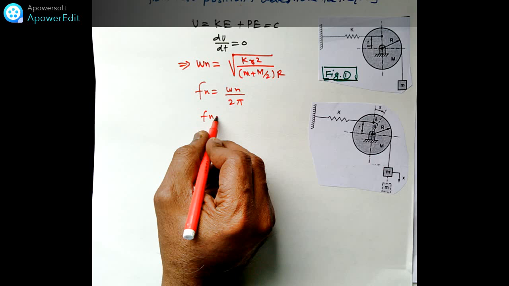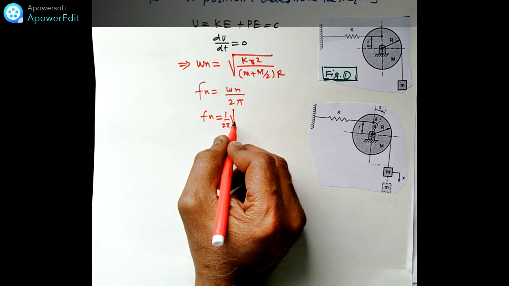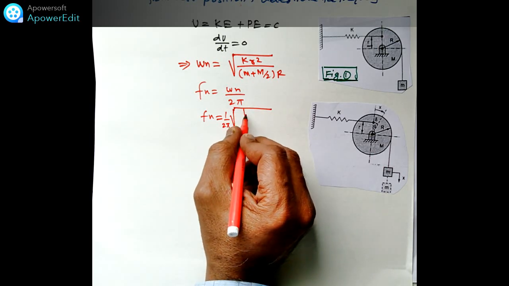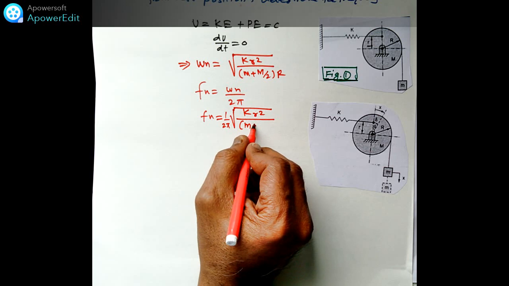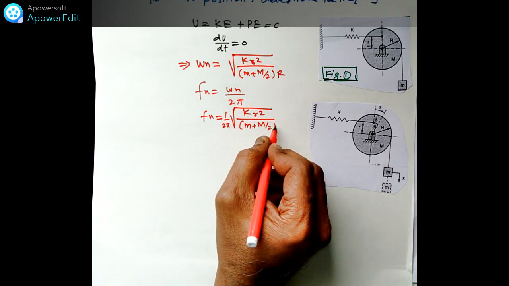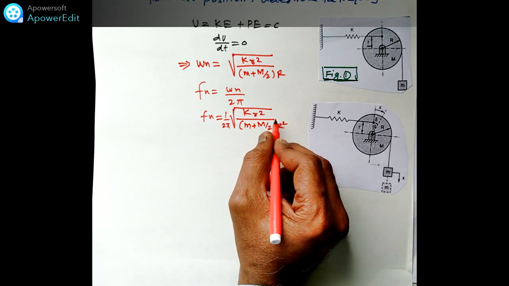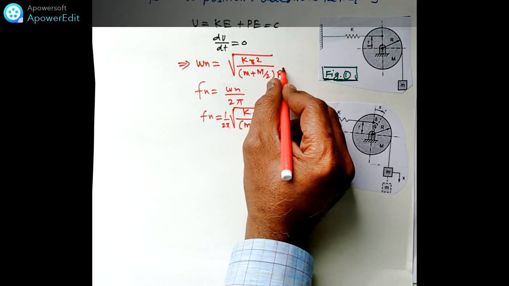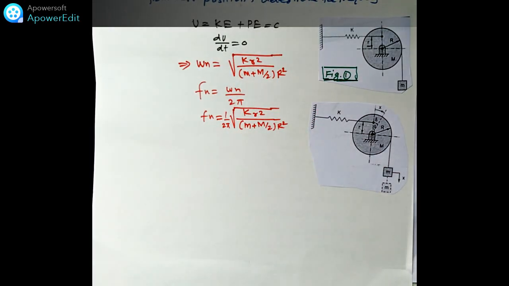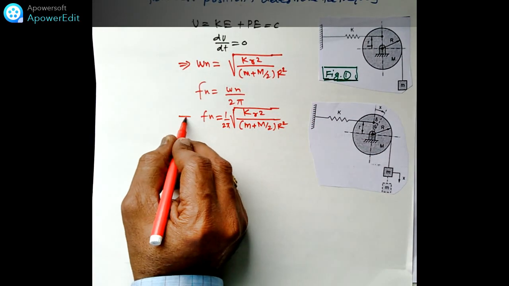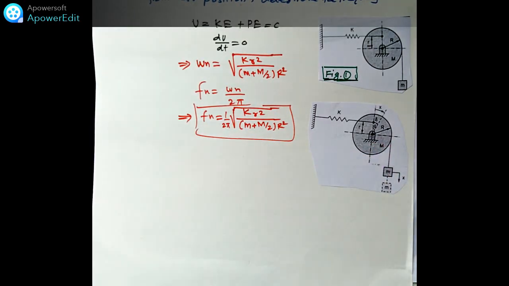That means Fn is equal to 1 upon 2 pi under root of k r square, in the denominator small m plus capital M by 2 into R. That r square is small r, and this is the capital R. Okay, this equation we will get through solving this numerical.